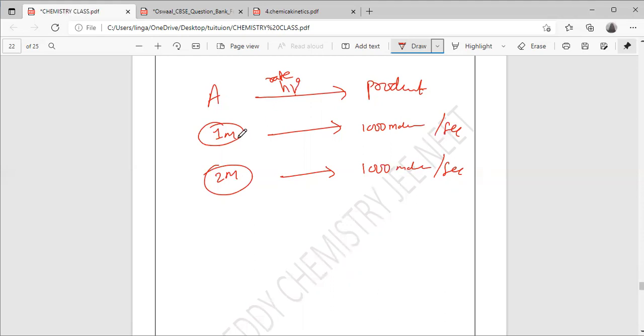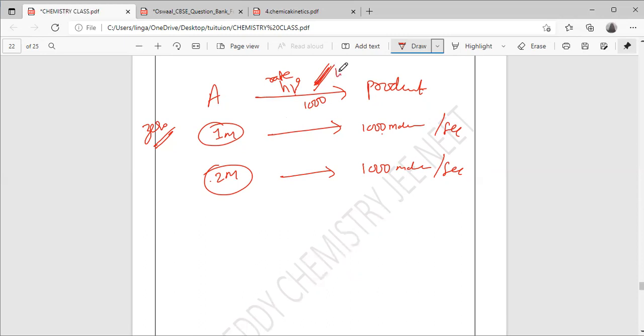That's why they do not depend on the concentration. There is no increase in the rate. So these come under zero order reactions. For example, here light is there. Light means a torch light or one slit of light is falling. In this slit, how many rays are there? Suppose 1000 rays are there.